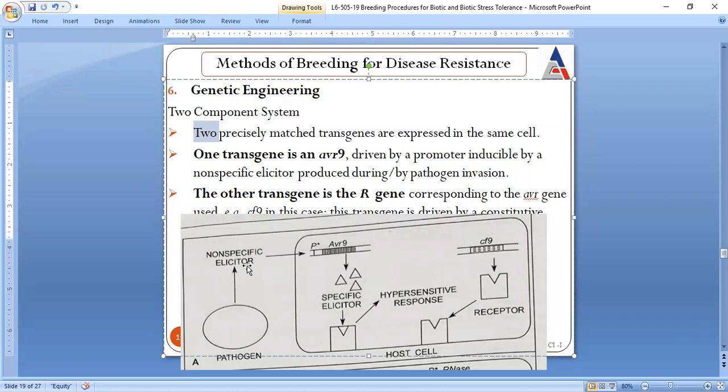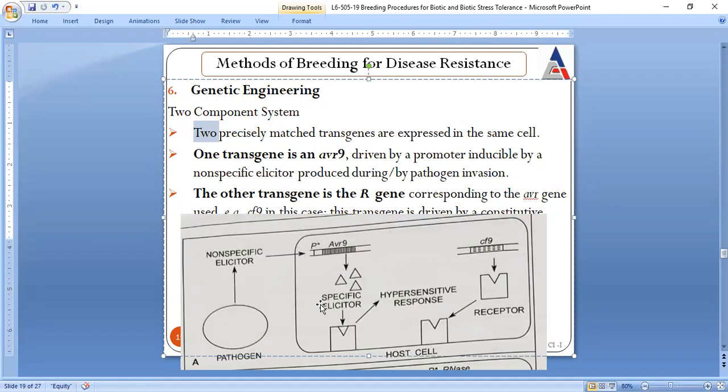Like itself, it will tease this promoter, and after this promoter gets irritated, it will activate AVR9, and this action is in turn due to the elicitor, which is produced by the pathogen that is responsible for causing disease.